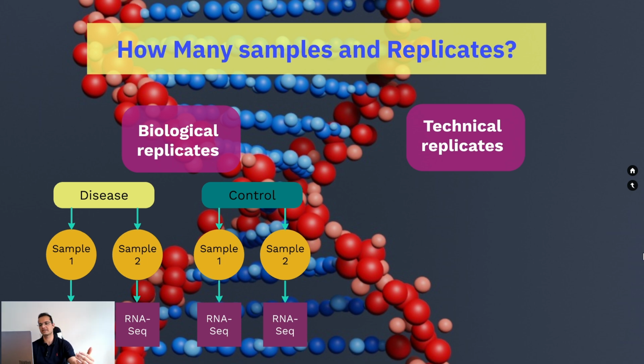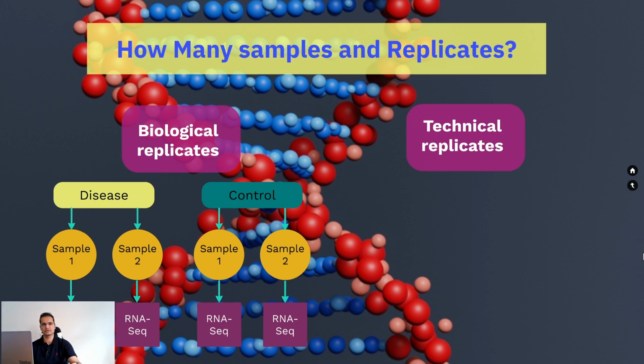This allows for basic statistical analysis and helps account for biological variability. For more robust and reliable results, especially when identifying differentially expressed genes with high confidence, it's often recommended to use at least 6 biological replicates per condition.